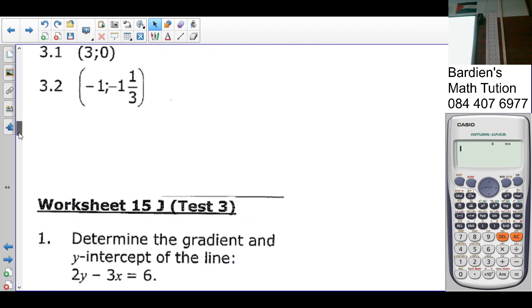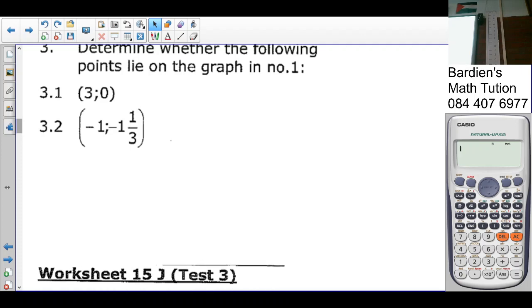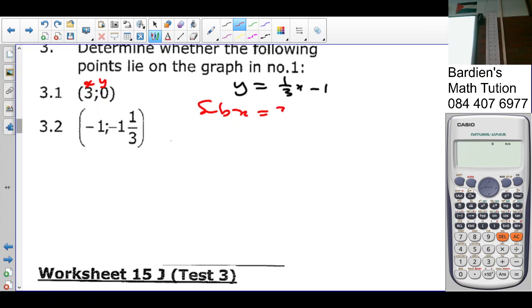No? Number 3. Determine whether the following points lie on the graph in 1. So again, the graph in 1's equation is y is equal to a third x minus 1. If we substitute the x in, we should get the y out. So if I substitute x equal to 3 into that equation, and y works out to be 0, that means it lies on the graph.